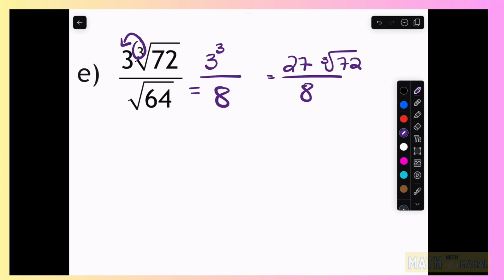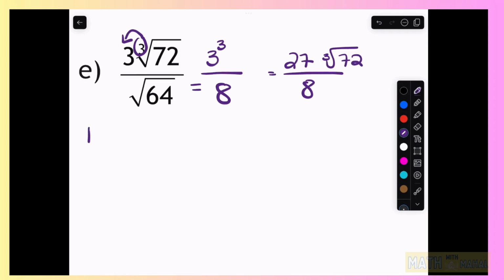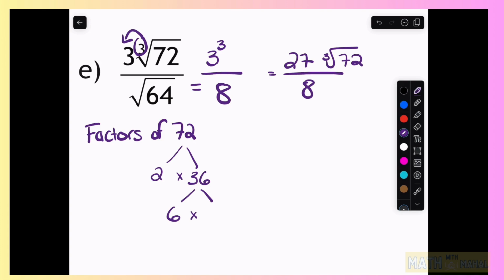So what I'm going to do is, before I even tackle that, I'm going to write down the factors of 72. Now I'm going to use a factor tree just because I find that that's the easiest way that my brain likes to visualize it. So the first thing I'm going to say is, okay, well, what are some factors of it? I know 2 times 36 multiplied to 72. I can break down that 36 into 6 times 6.